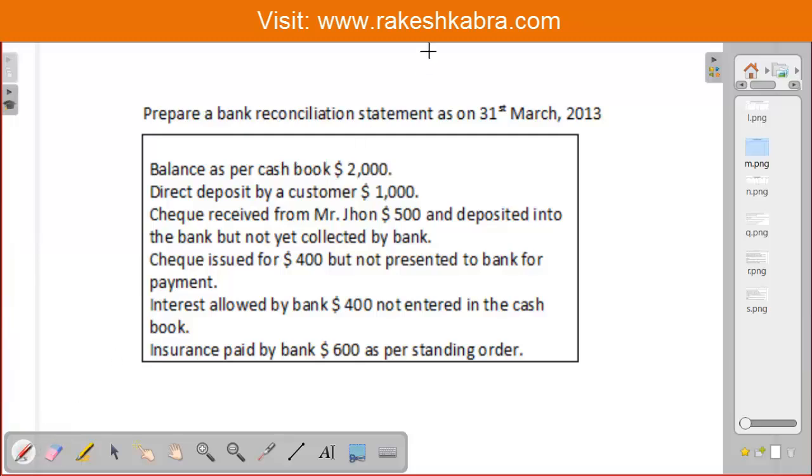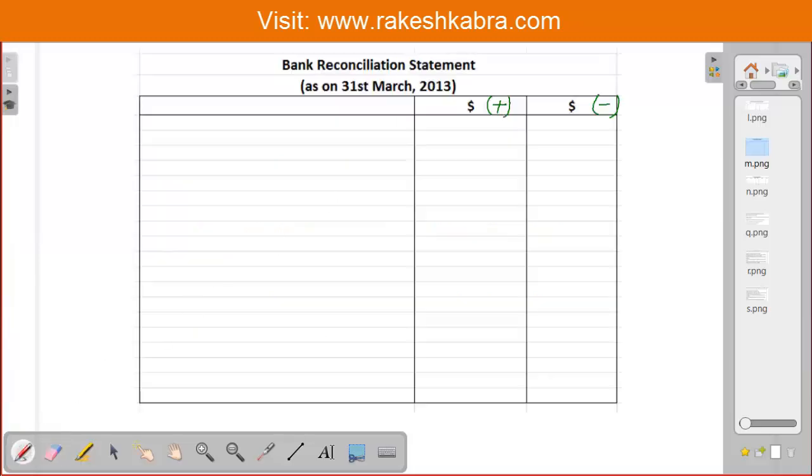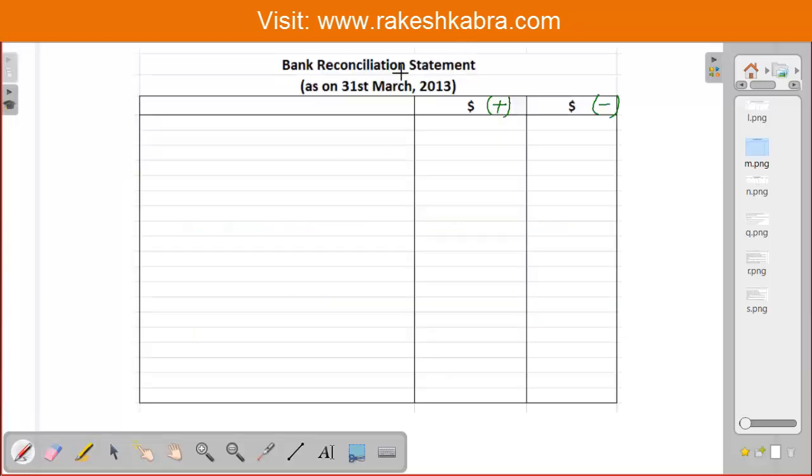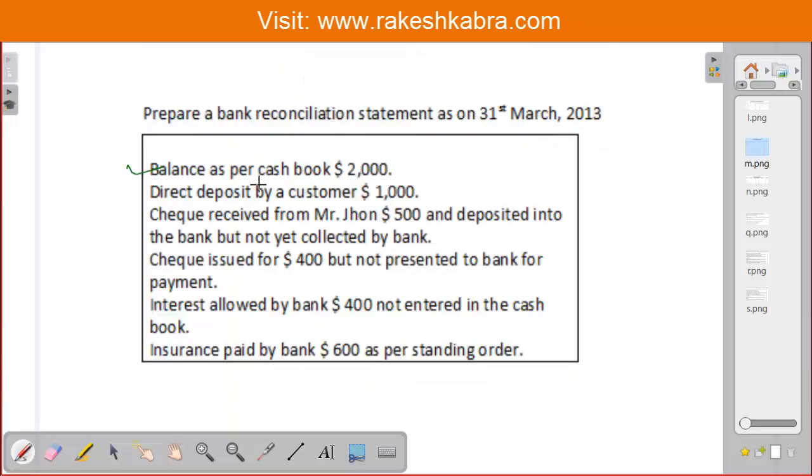Now see in the next page, first in the question, balance as per cash book is given, na? So first I will write this: balance as per cash book. Understood? And nothing in the question mentions whether this balance of $2000 is debit balance or credit balance.